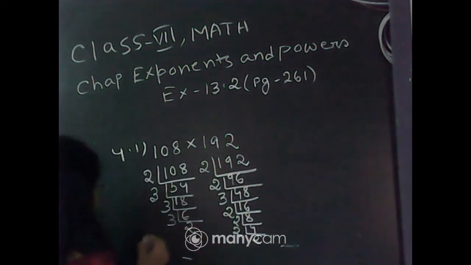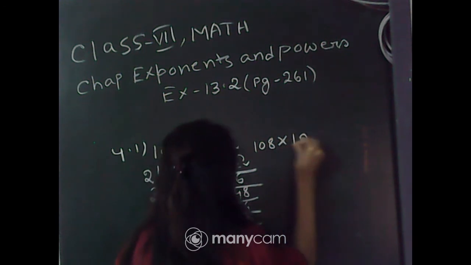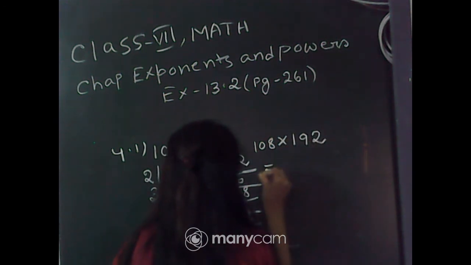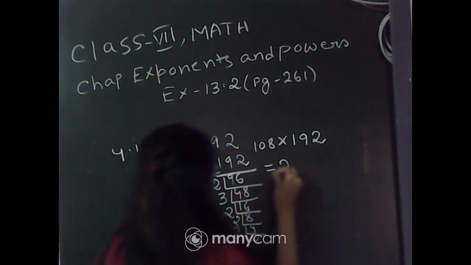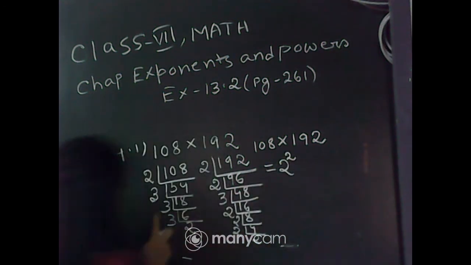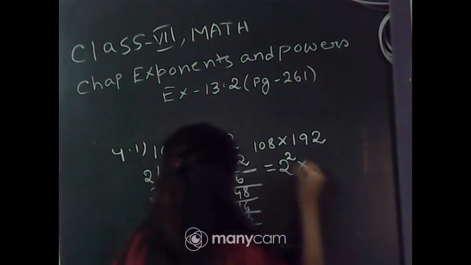So, 108 into 192 is equal to, here 2 is 2 times, so the power of 2 will be 2, and here 3 is 3 times, so the power of 3 will be 3.